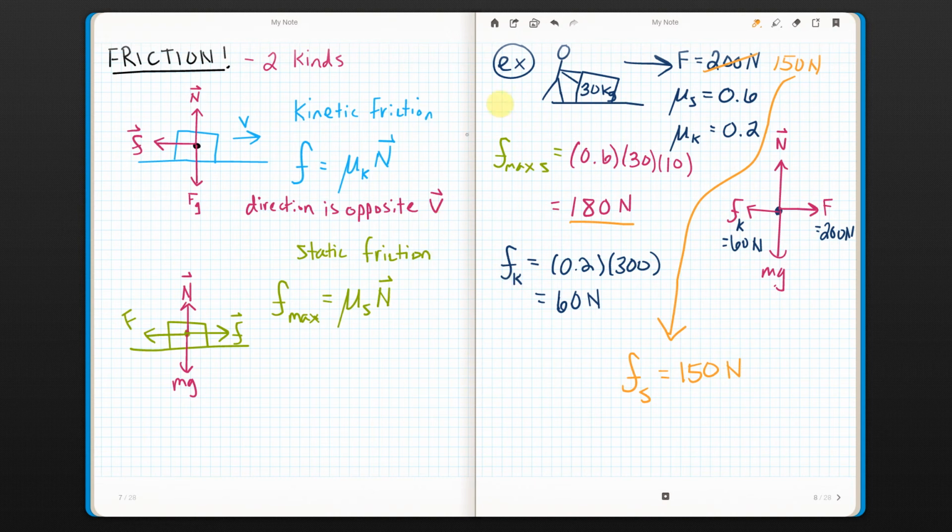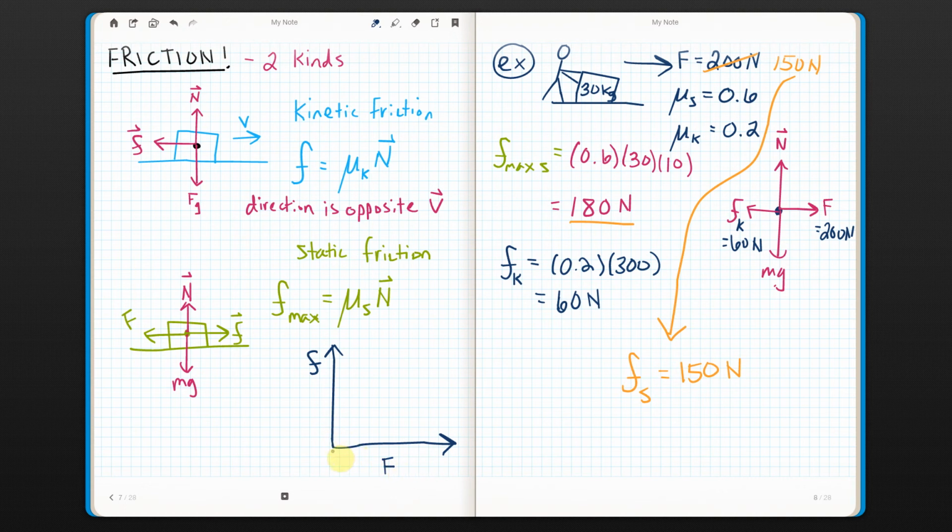So one last thing I want to point out before we go. I think I showed you this kind of conceptual graph here last year, but let's say I'm going to graph, this is the magnitude of the frictional force. This is the magnitude of the force you're pushing with on that box.